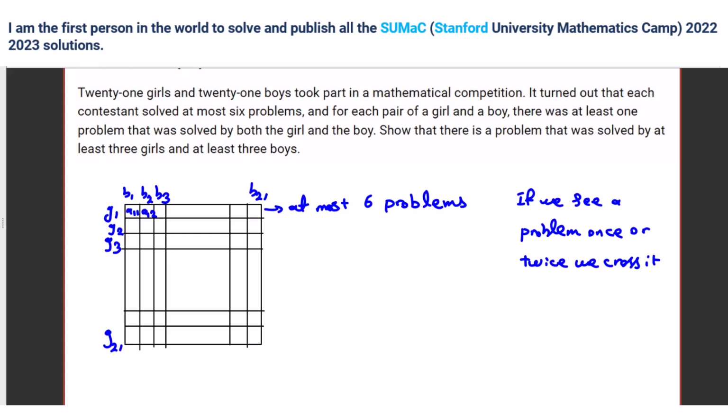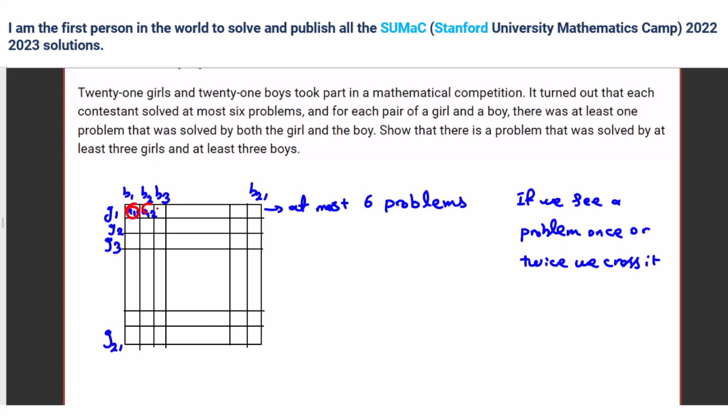We have 6 problems. So how many cells do we cross? Let's say at most. I don't really understand the question.